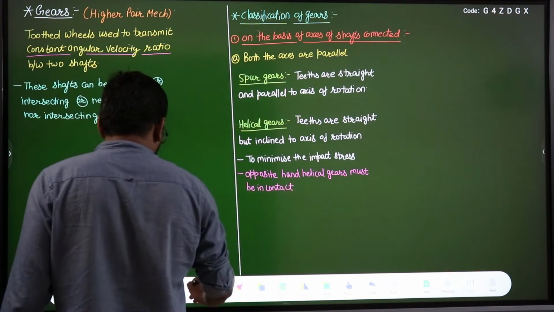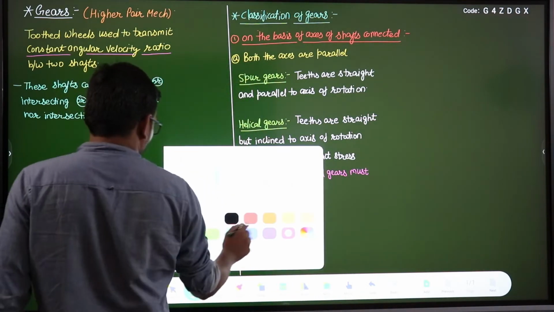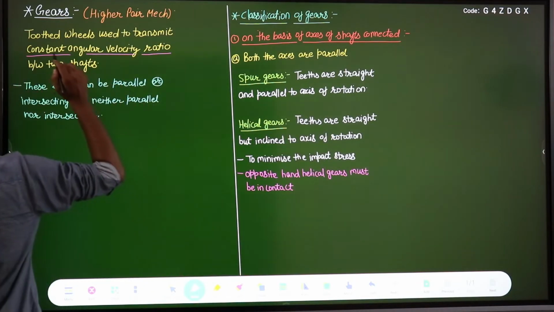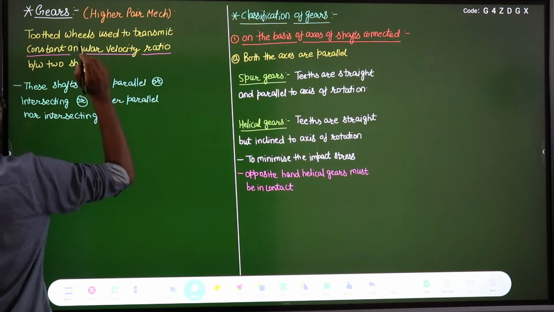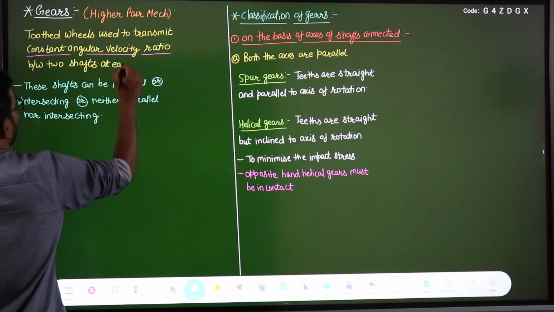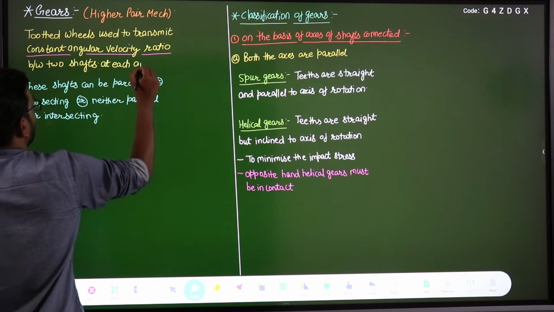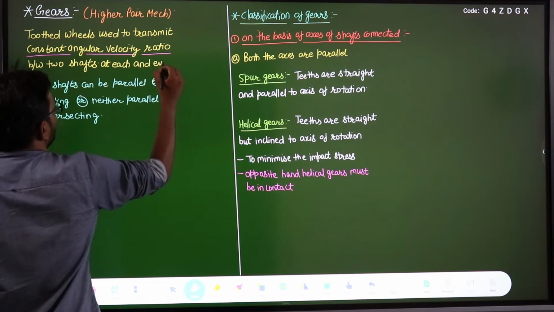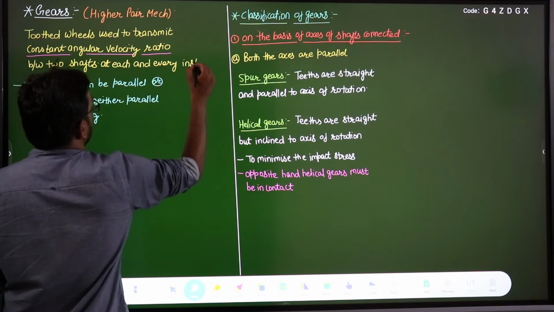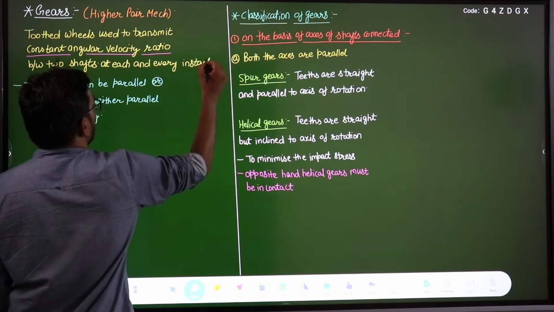So if I extend this definition, gears transmit the constant angular velocity ratio between two shafts at each and every instant. This is the difference between RPM and constant angular velocity ratio.